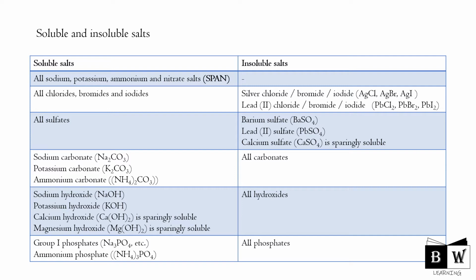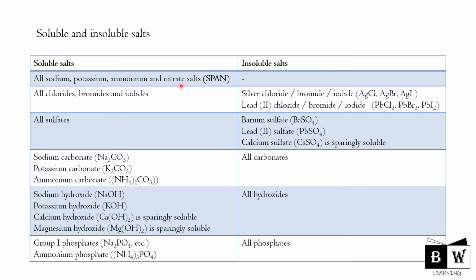Here in this slide, we have a table to classify the common soluble and insoluble salts. Most of the time, students are required to memorize them, so make sure you know this classification. In the first row, we have the soluble salts, which are the sodium, potassium, ammonium, and nitrate salts.